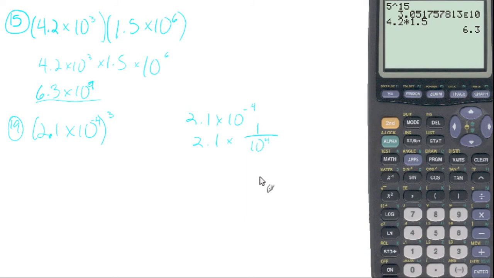What does it mean if we divide by 10,000? Hopefully you've seen that before. When you divide by 1 with a certain number of zeros, here 4 zeros, you move the decimal place to the left that many places.